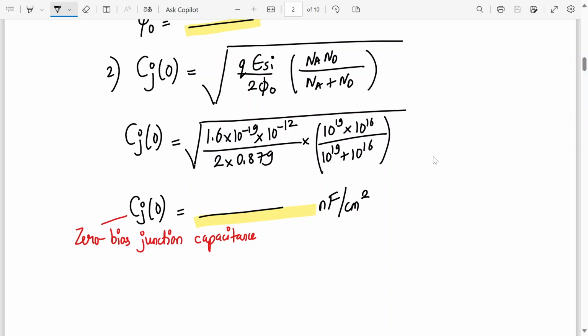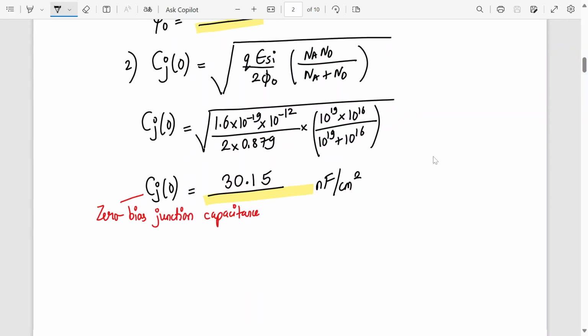How much is it coming? 30.15. Yes, that's correct. 30 nanofarad per centimeter square. That's correct. So now we go for the third part.